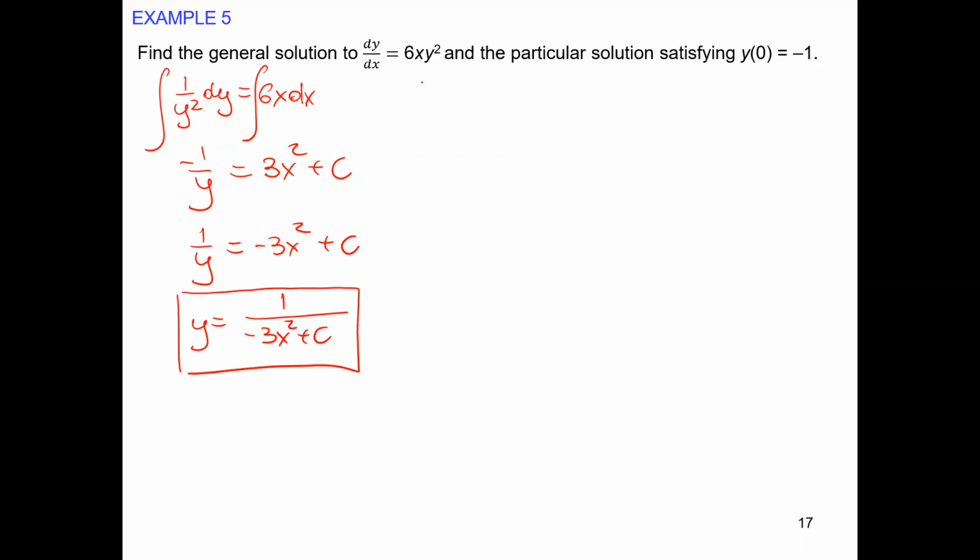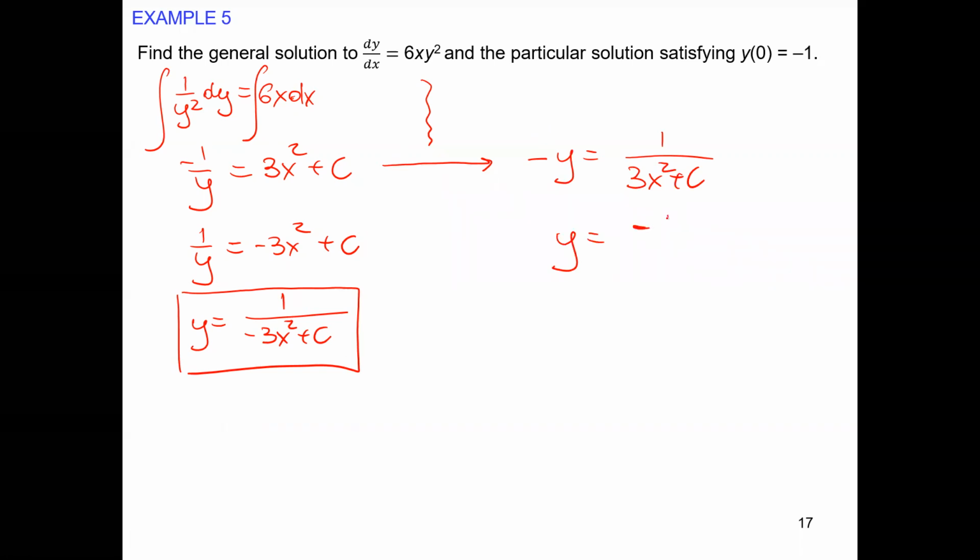Okay, but also I would like to show you, just in case you decide to flip the number first, we will end up with negative y equals 1 over 3x squared plus the constant. And now we're multiplying everything by negative.